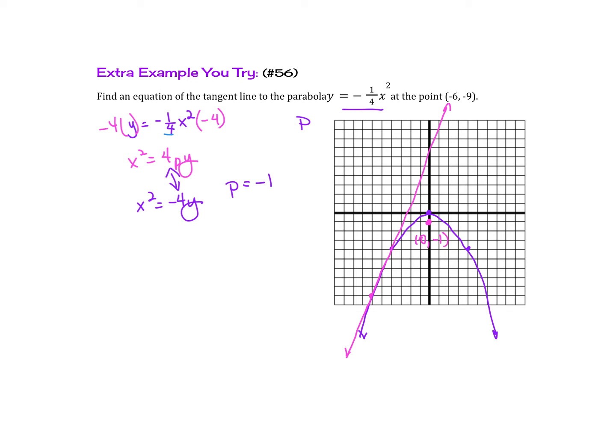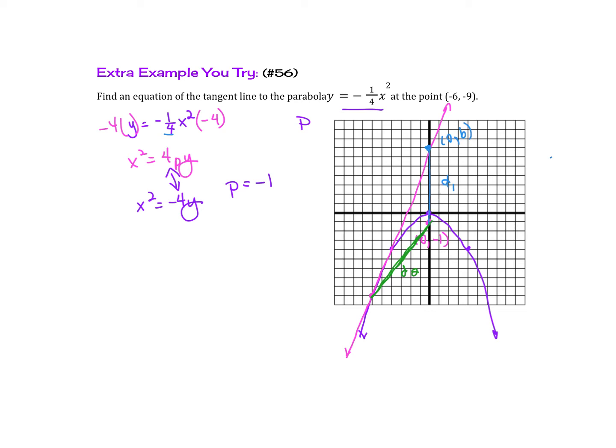So remember, the property we were given is that the distance from that tangent line to the focus, we'll call that distance 2, is equal to distance 1, which is here. We need to find the y-intercept to be able to write the equation of this line, the y-intercept and the slope. Think about B as the distance from the origin to that y-intercept.